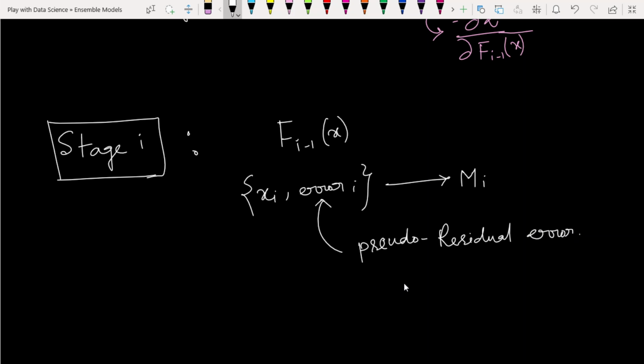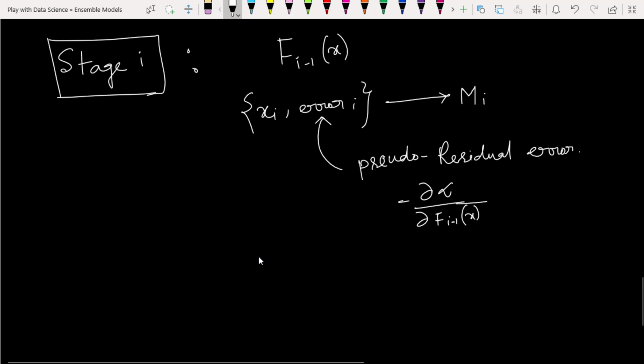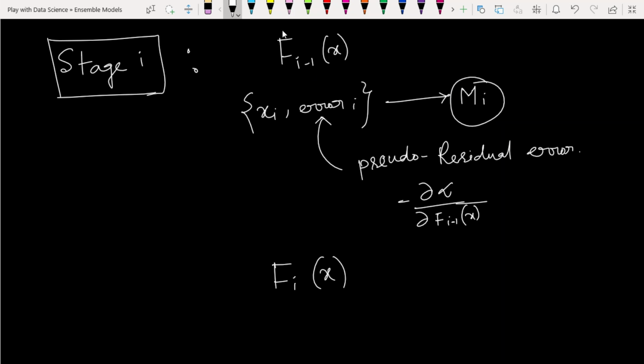This pseudo residual means del L by del f. That is the job we have to do. As previously discussed, by using this error we build these models, and these models help to build the function f_i(x).